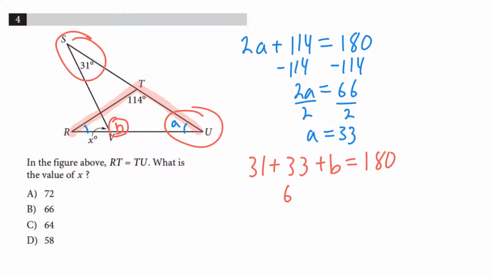Okay, so that's 64 plus B equals 180. So then I see that angle B equals 180 minus 64, which is 117. Did I get that? No, I didn't get that right. Let's see. Not 117, 116.